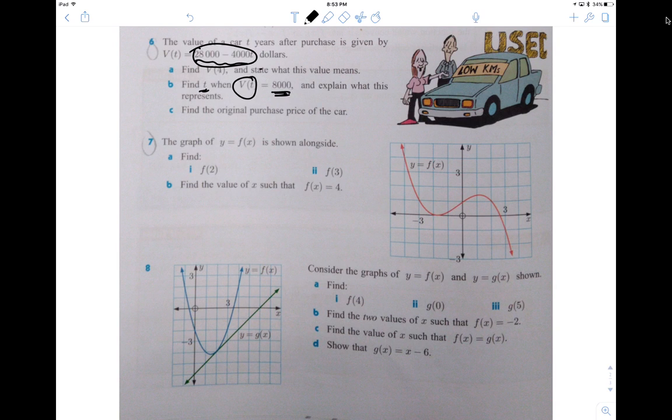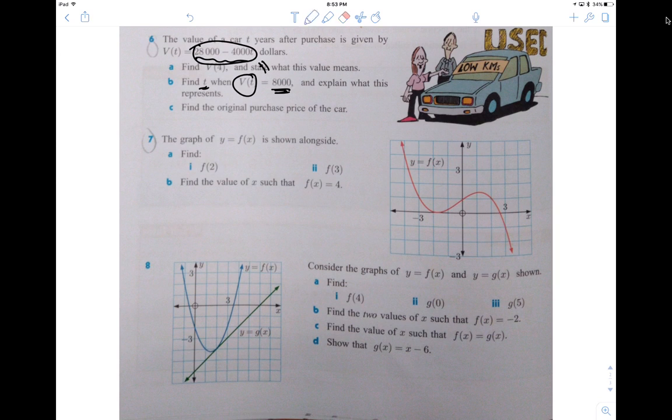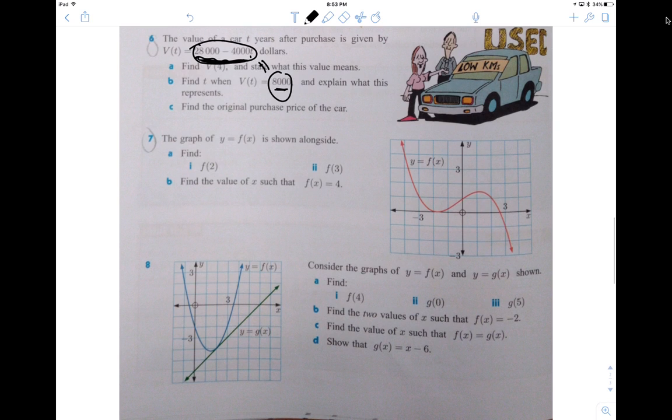So basically it's those two things that go between an equal sign, right? Because this, for a certain value of t, equals that value. So 28,000 minus 4,000 t equals 8,000. So solve it algebraically.